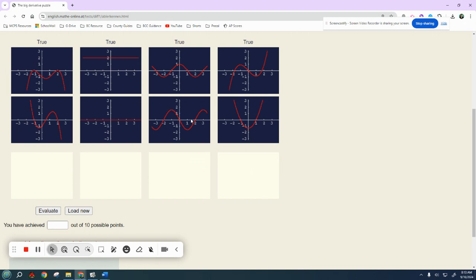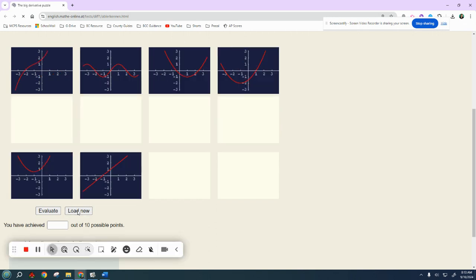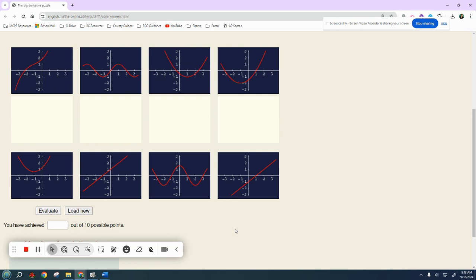Try again. Negative sine. There's a thing. I will prove it 2 or 3 ways. It will be fun. But yes, the derivative of cosine is negative sine. All right.